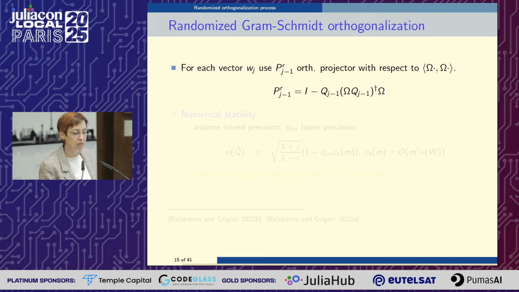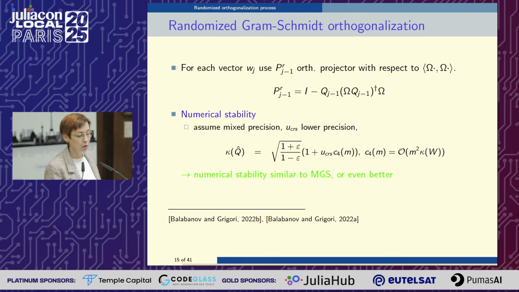And that's why randomization is really very suitable for mixed precision, because we sketch, we solve a problem in small dimension. There we can use higher precision because the problem is of very small dimensions. And whenever we go back and do operations in high dimensions, then we can use lower precision. And this is what we are able to use in the numerical guarantees.